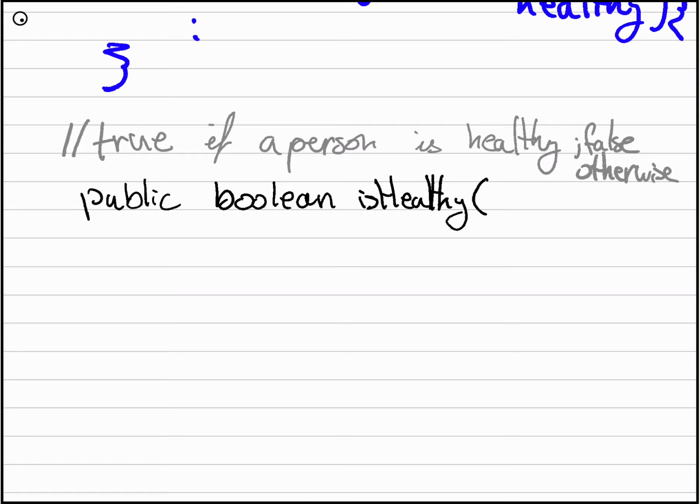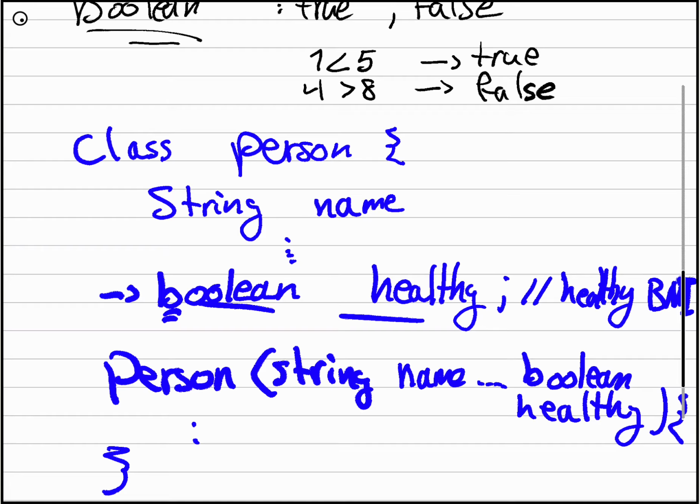The BMI, this.bmi, I think. So remember, this method is being done inside the person class. So we have the person class's information, including the healthy boolean.